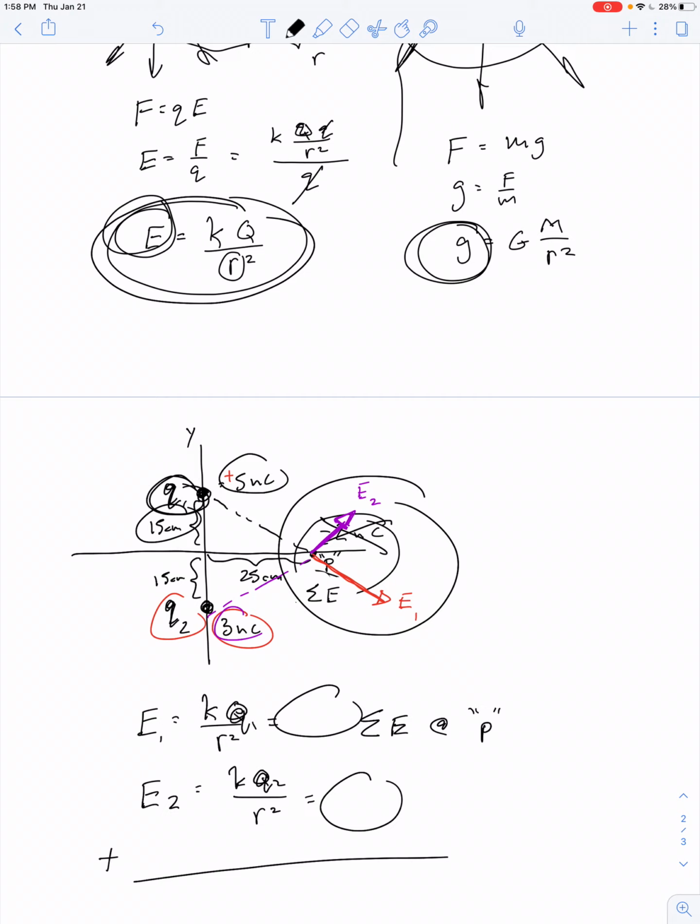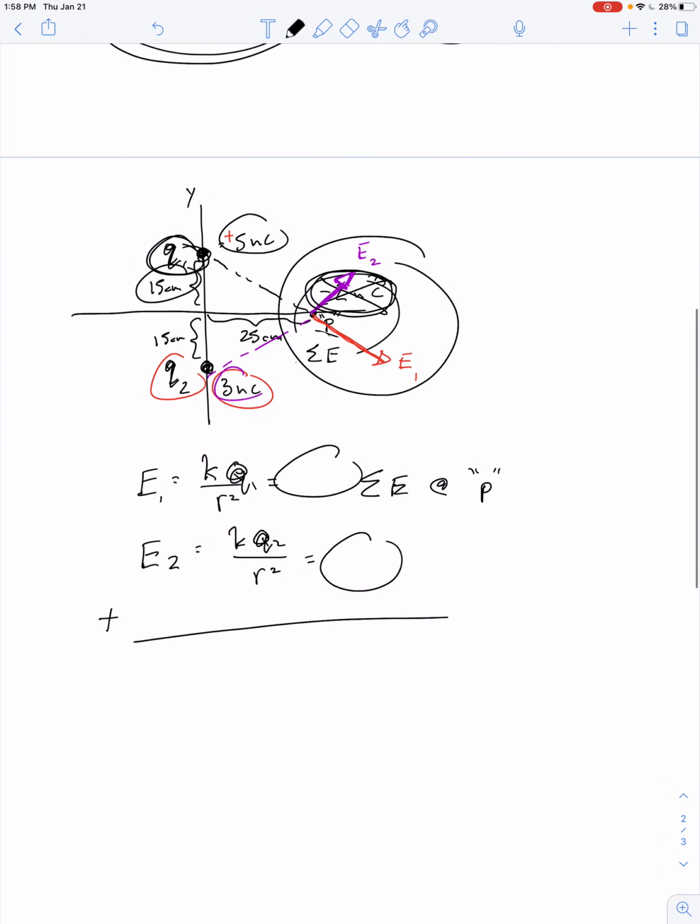In the end, we set up the problem by saying a charge of -2 nanocoulombs will be placed here. So whatever we end up with as the net amount of field, the force on that -2 nanocoulomb charge would be equal to 2 nanocoulombs multiplied by whatever the value of the net electric field is.